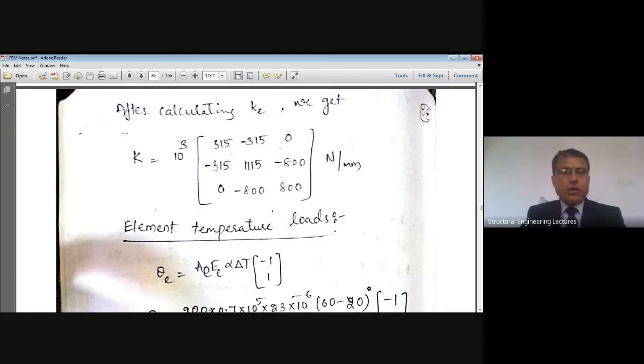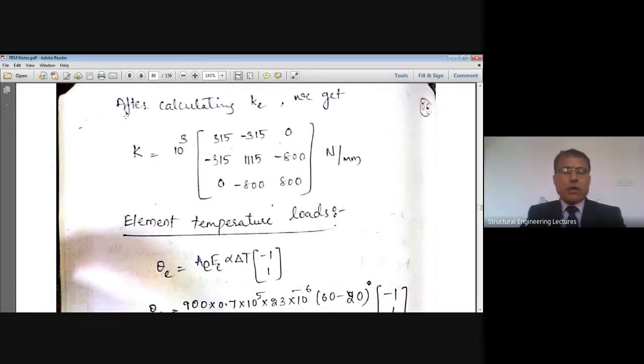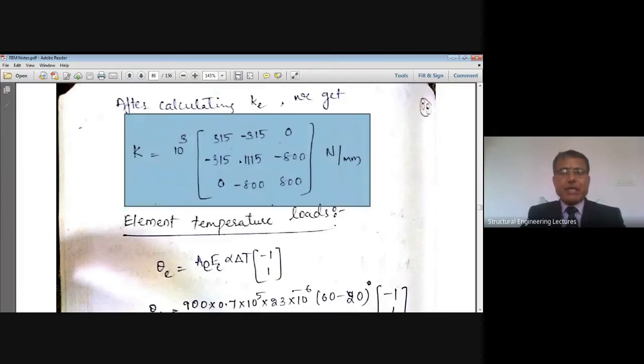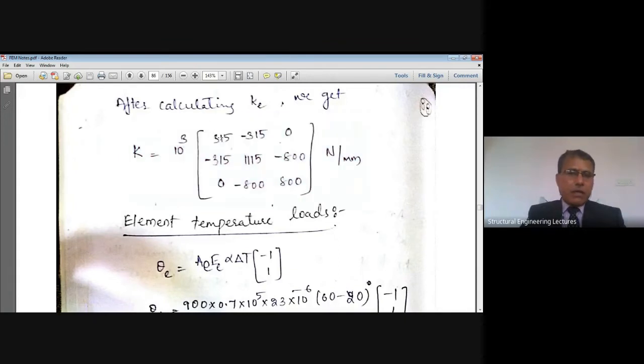I'm skipping that; you can do it on your own. You can assemble the global stiffness matrix K as a 3 by 3 matrix by taking 10^3 common. I get 315, minus 315, 0; minus 315, 1115. This is 315 plus 800 because node 2 is a common node for elements 1 and 2, therefore 315 plus 800 equals 1115 as per the law of superposition.